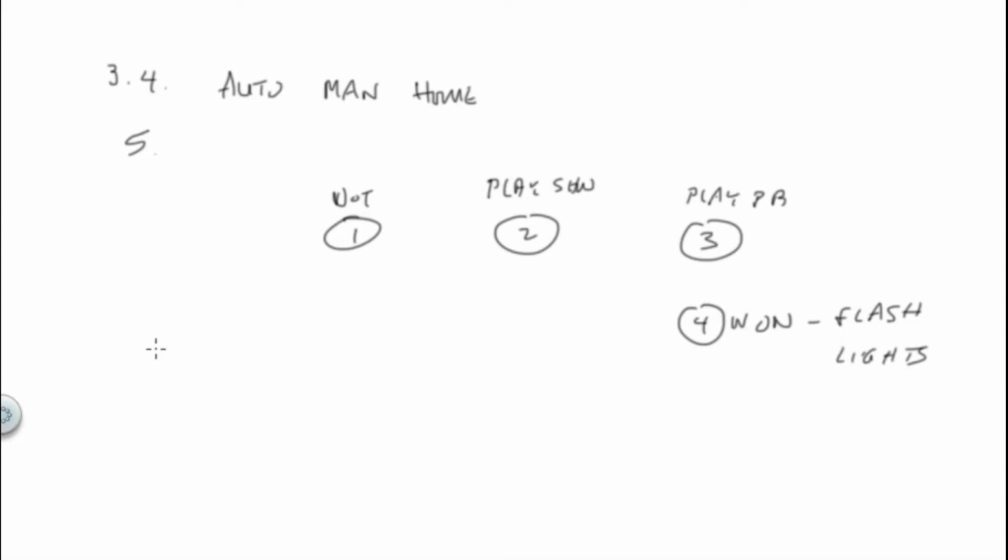Number 6. So with number 6, we're asking for you to identify the inputs and outputs from this drawing of a sequential function chart, which is like a state diagram.